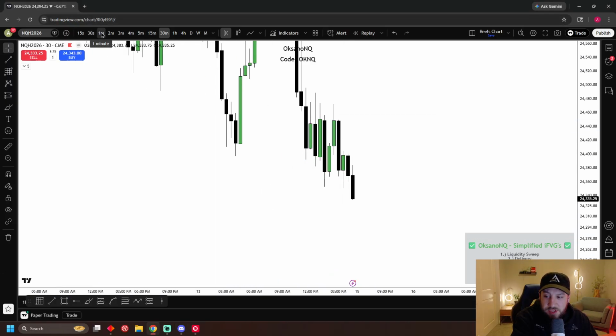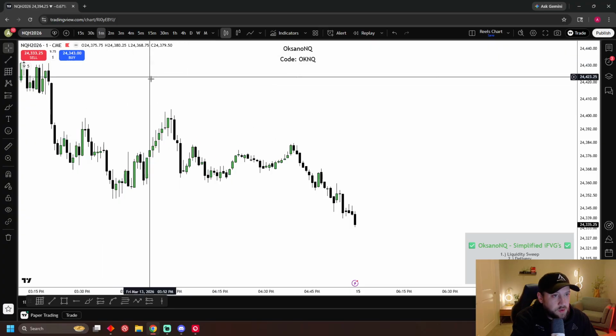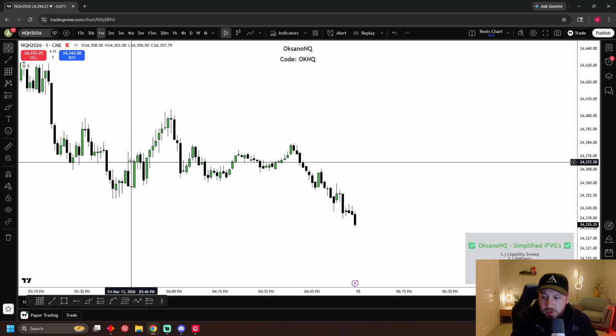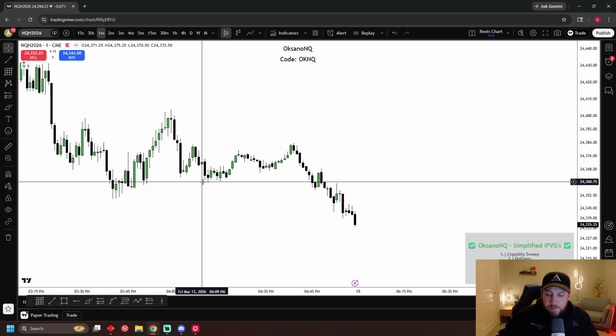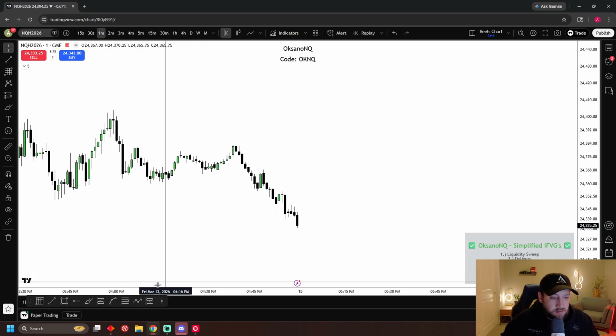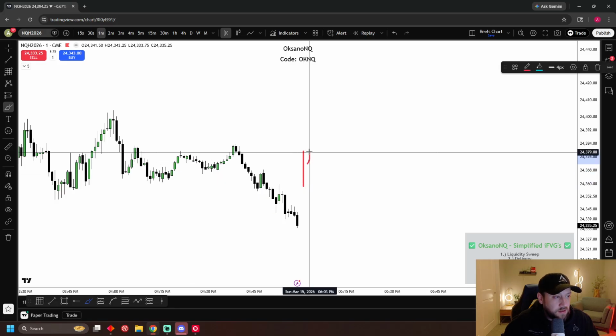I would assume a rejection block would be similar to a breaker. Or would it be like an OB that we put in after a sweep and then we retest that? Yeah, so a breaker block will be an order block. So let's say we get this order block here, right?